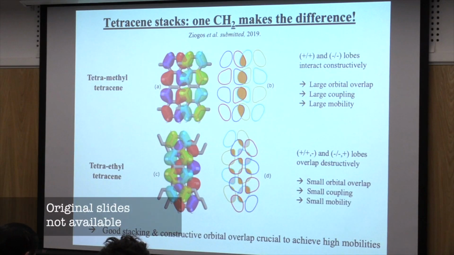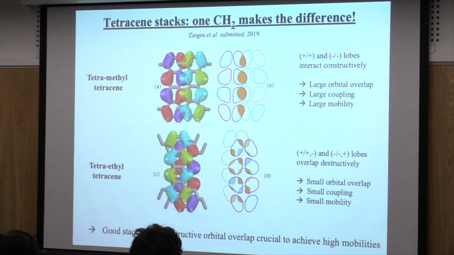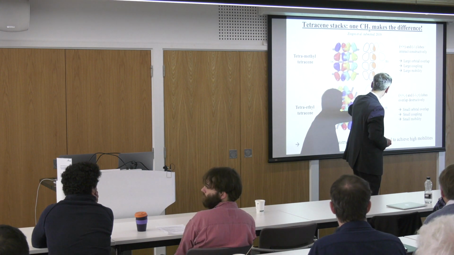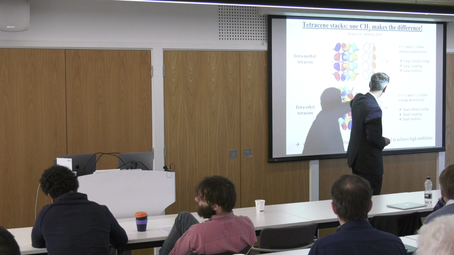Now look at this. This is the stacking of these materials along that high mobility region. In the tetramethyl, which is a lousy conductor, not a very good conductor, here are the HOMOs. This is the HOMO of one molecule, and this is the HOMO of the other molecule.